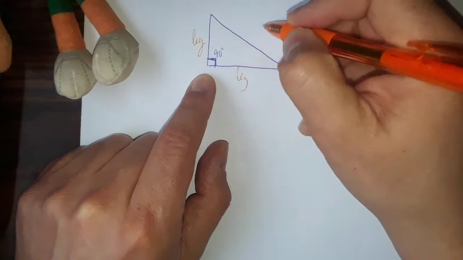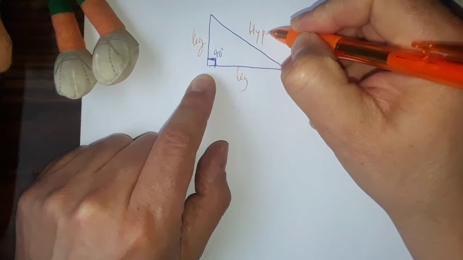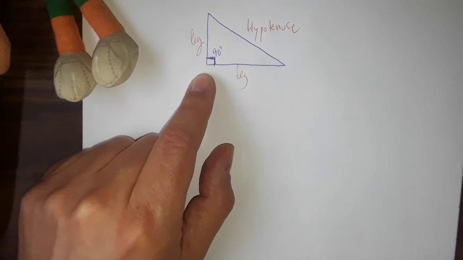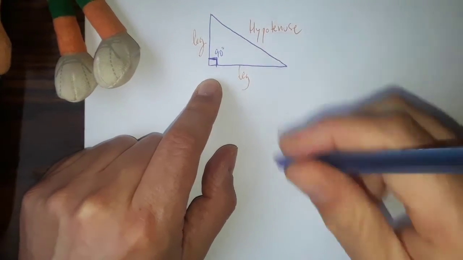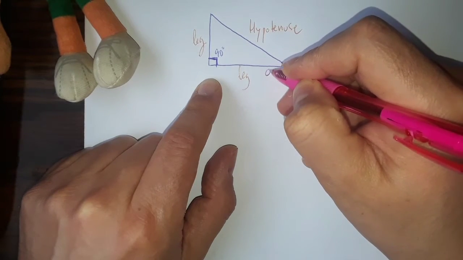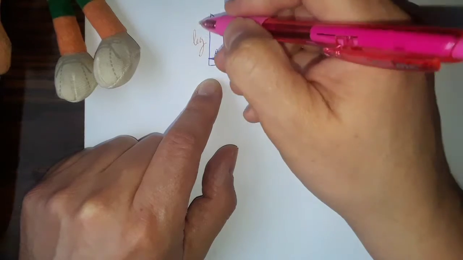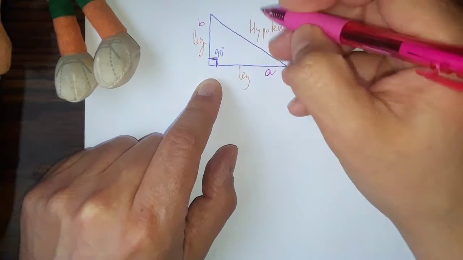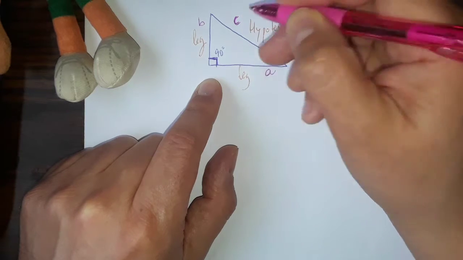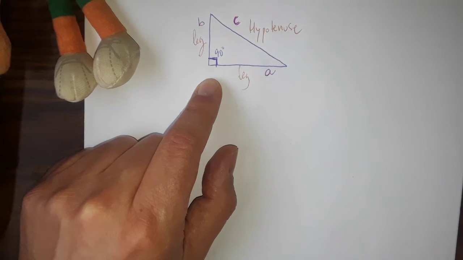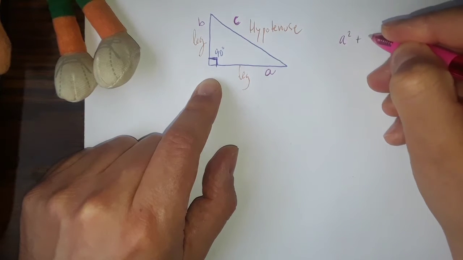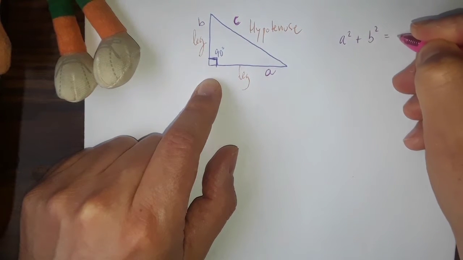So we're gonna call this the hypotenuse. Let's suppose one of the legs we're gonna call A, this other leg we're gonna call B, and the hypotenuse, we're gonna call C. And that's the Pythagorean theorem: A squared plus B squared equals C squared.